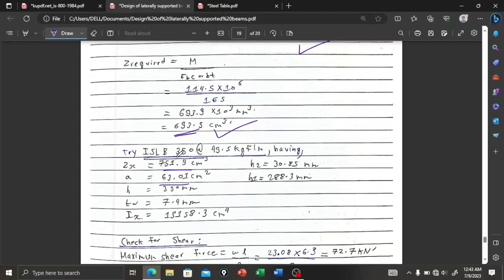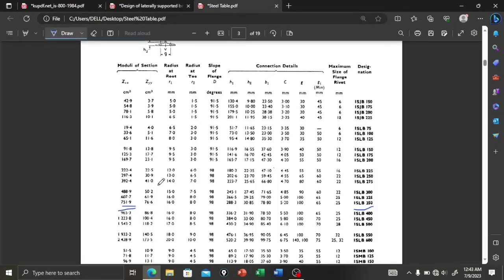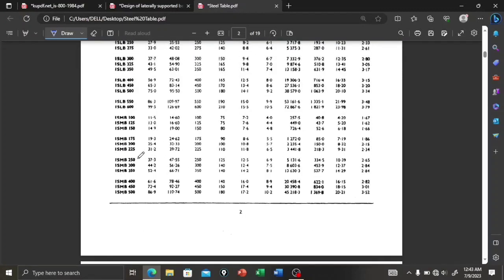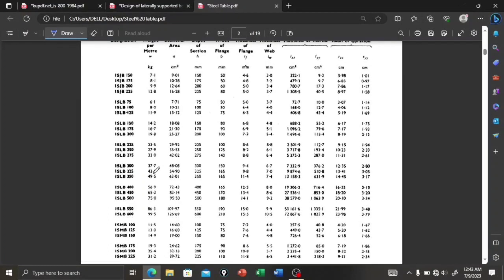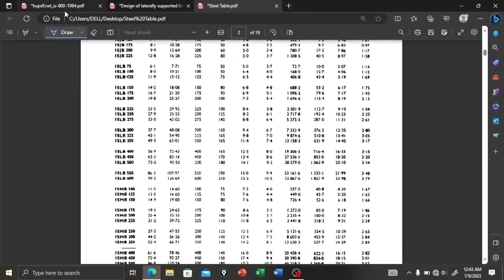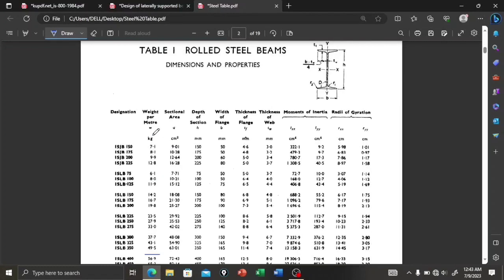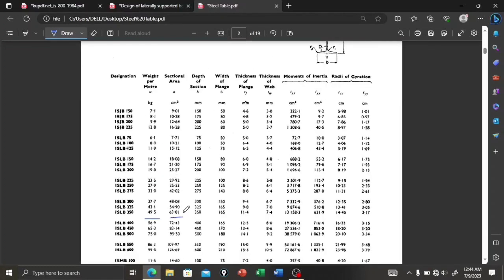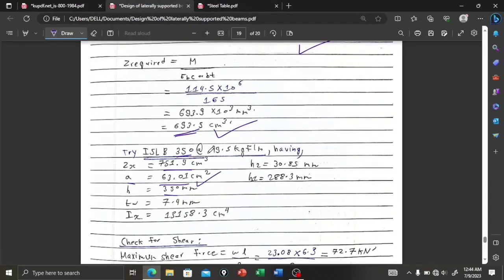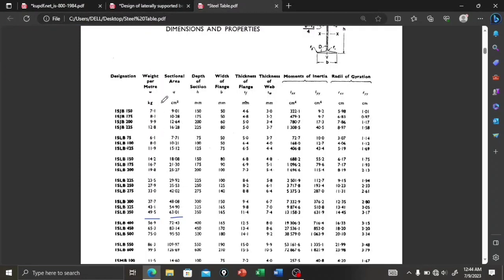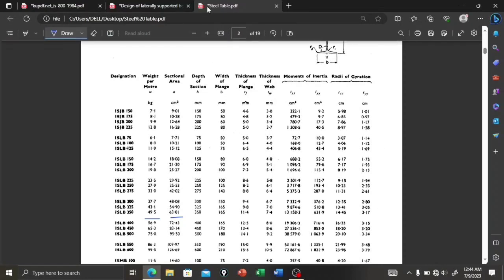So ISLB 350. Area is 63.01. The unit weight is 49.5 kg per meter, and TF and TW are 11.4 and 7.4.